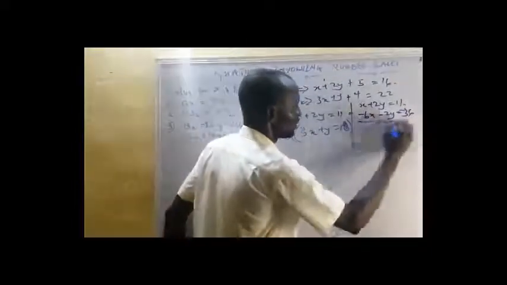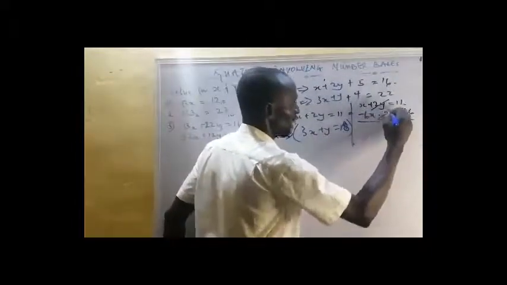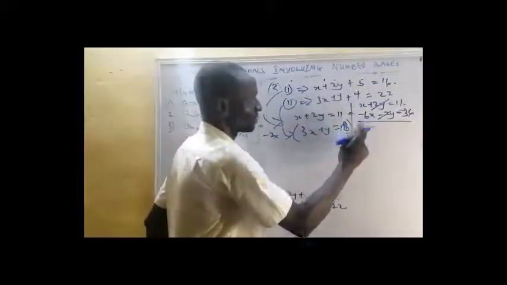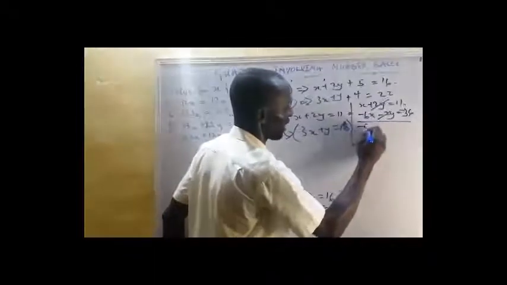So that plus 2y minus 2y, they give way. x minus 6x becomes minus 5x.